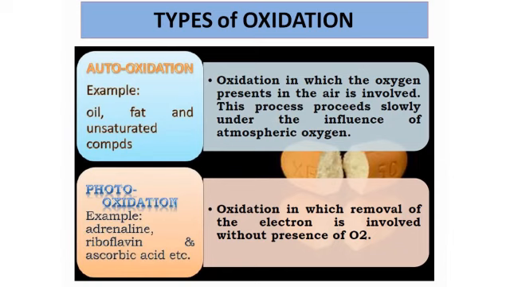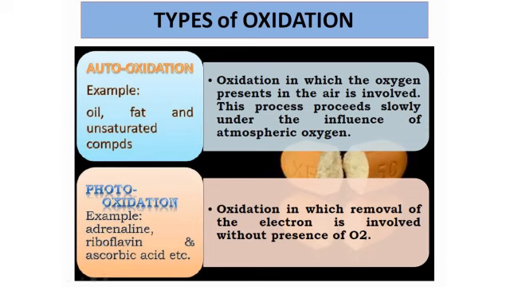This auto-oxidation reaction generally takes place where oxygen is present in the air. Means if the drug is exposed to air or an atmosphere where oxygen is available, the auto-oxidation process tends to take place. This auto-oxidation process is a very slow process, but generally it influences the stability of the drug, right?